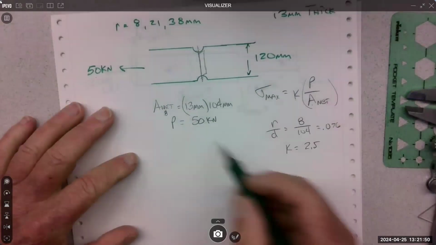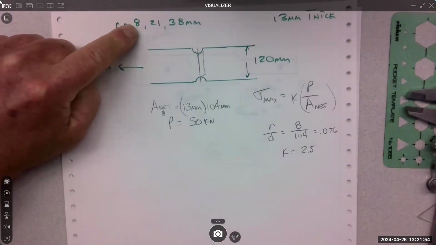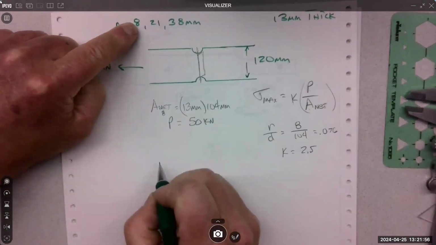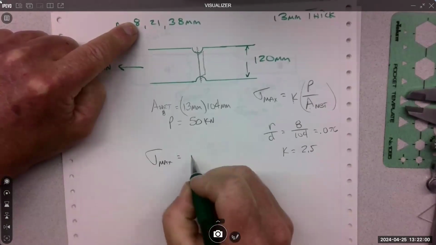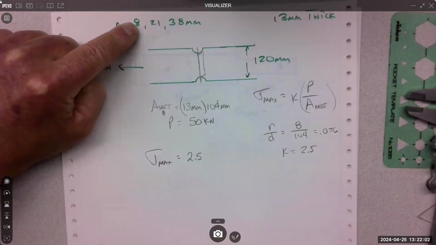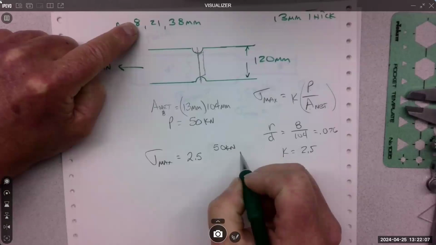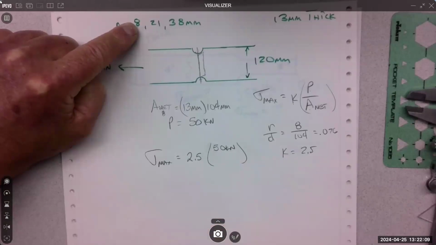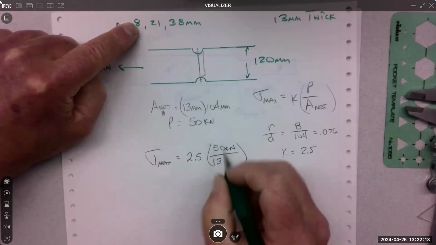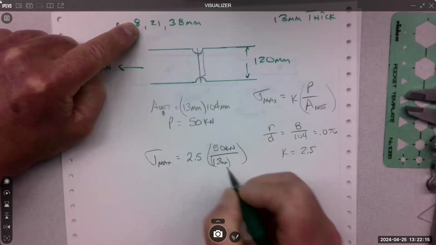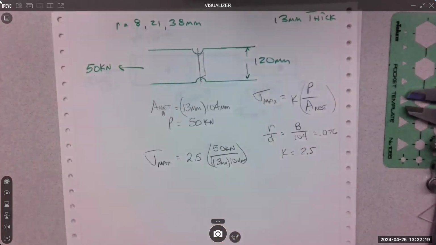All right, so now we have everything we need for this 8, for the radius equaling 8. I'm going to use my 2.5. I'm going to use my 50 kilonewtons. And the net is going to be the 13 millimeters and 104 millimeters.